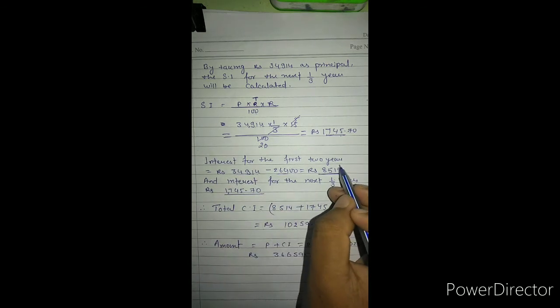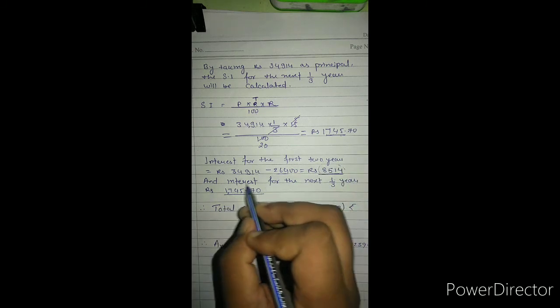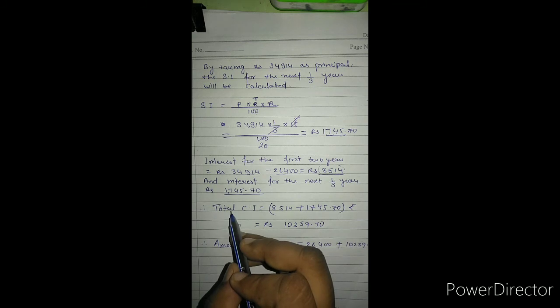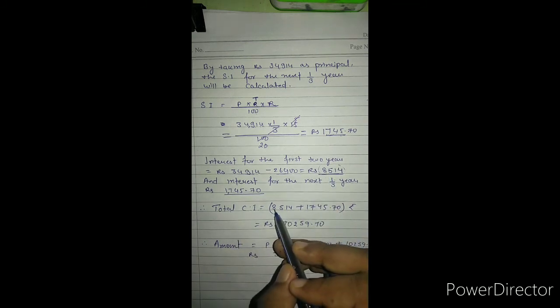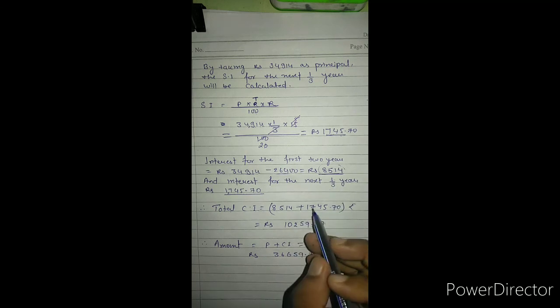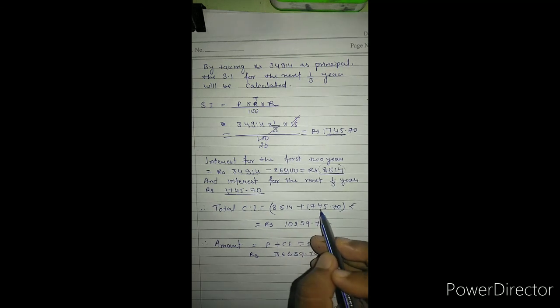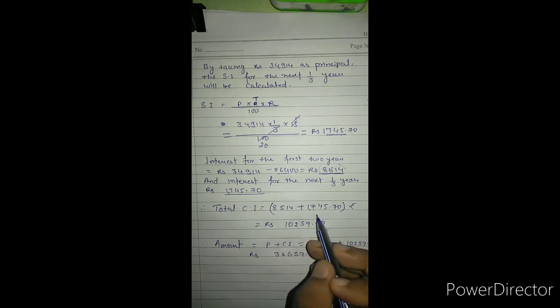So total compound interest is, for the 2 years 8,514 plus, for 1 by 3 years, 1,745 rupees and 70 paise. When you add this, you will get 10,259 rupees and 70 paise.